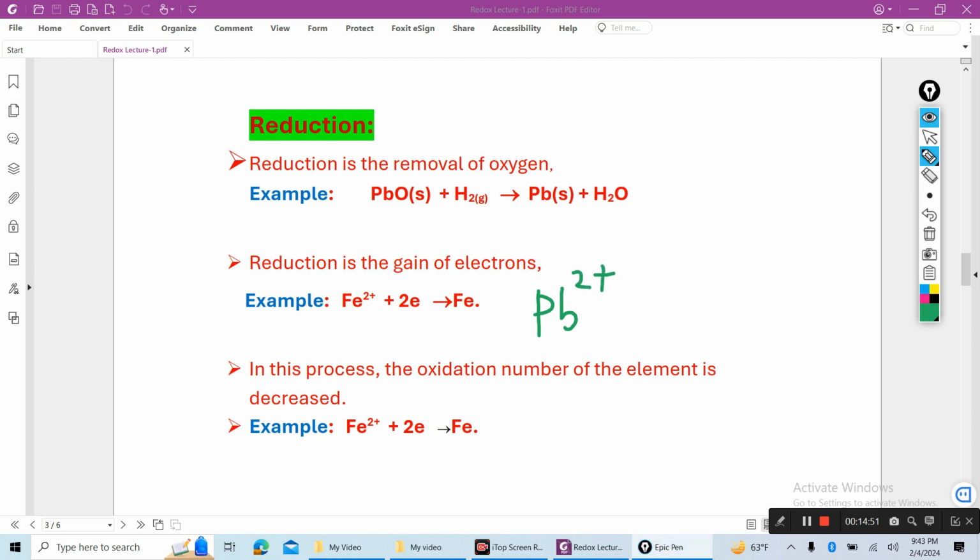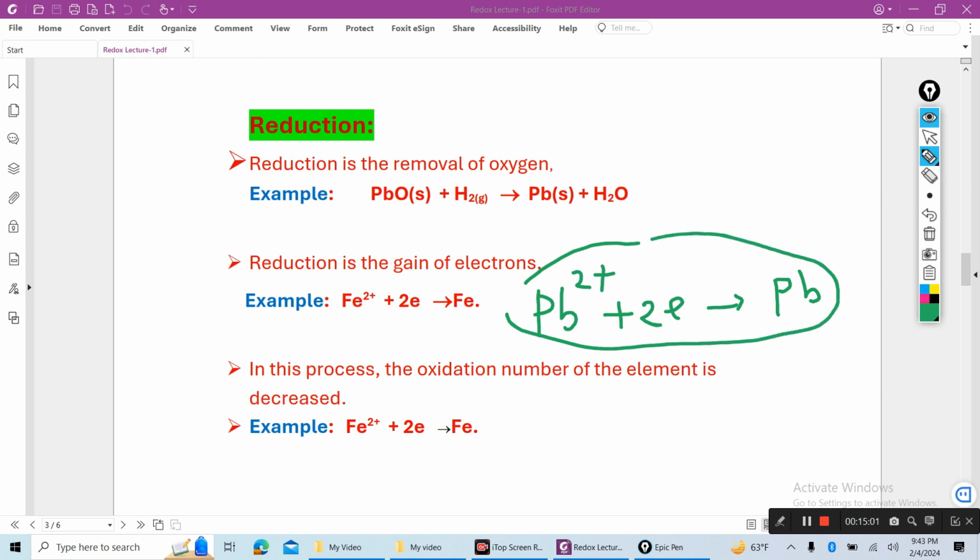Pb2 plus, lead, takes 2 electrons to produce lead. This reaction is also known as reduction. Why? Gain of electrons. Reduction means gain of electrons.